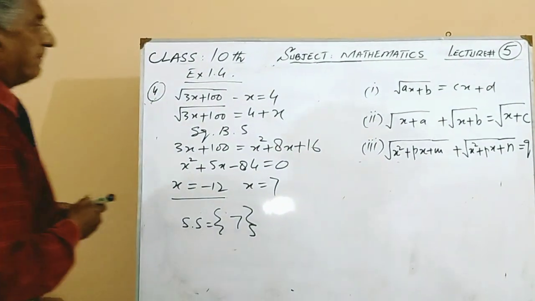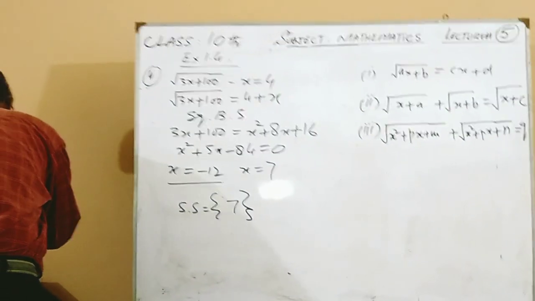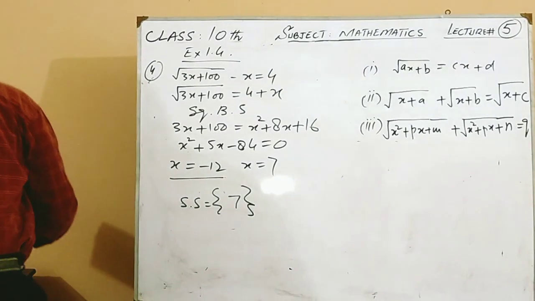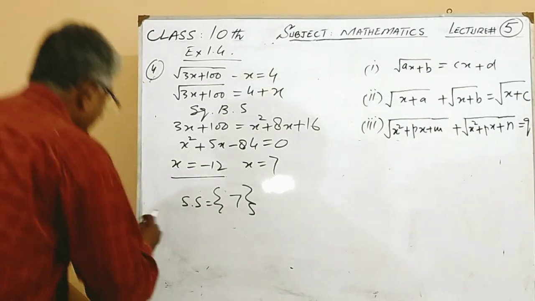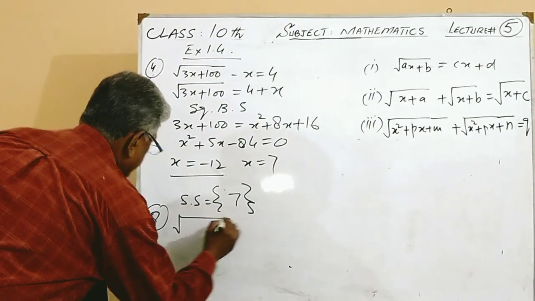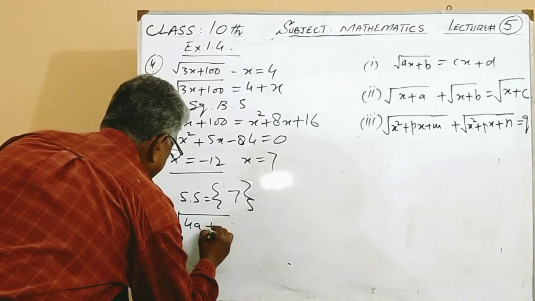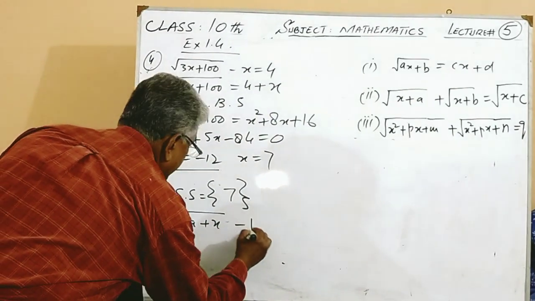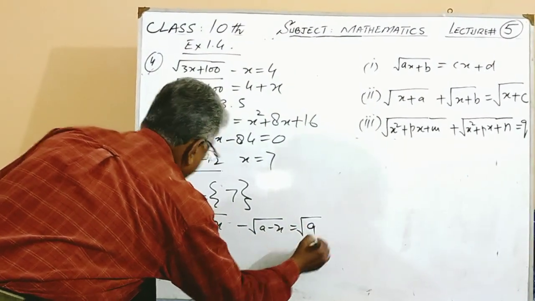The other type which we have discussed here is, again, a question from your book, question 8, and in equation 8 you will face 4a plus x minus under root a minus x is equal to under root a.